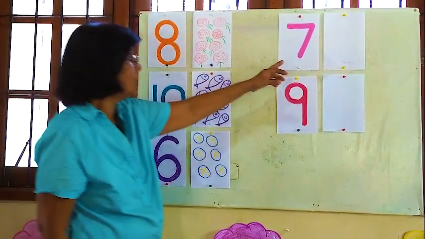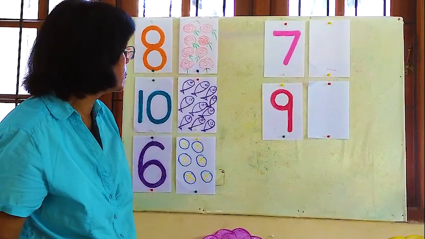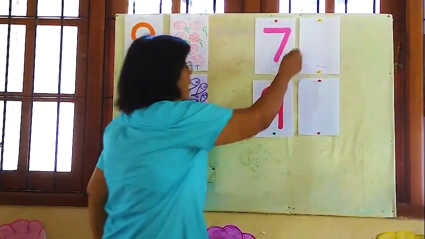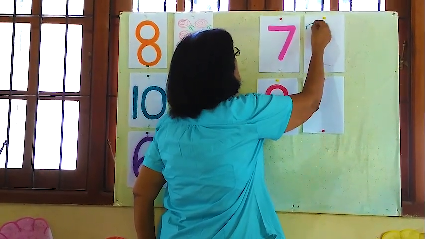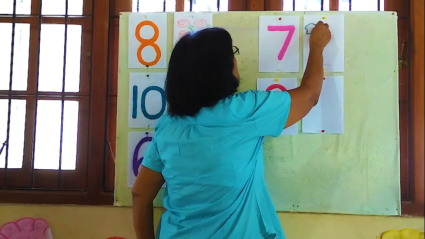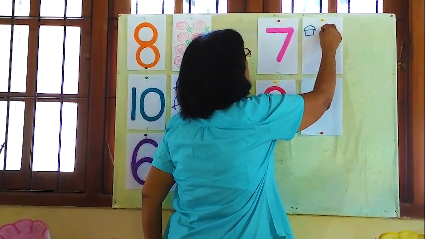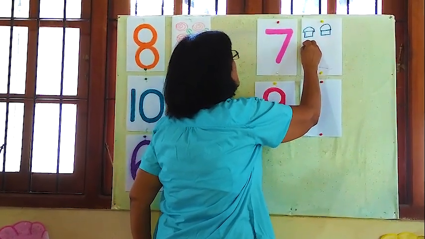Now here number 7. For number 7, I am going to draw some small cupcakes here. How many cupcakes?